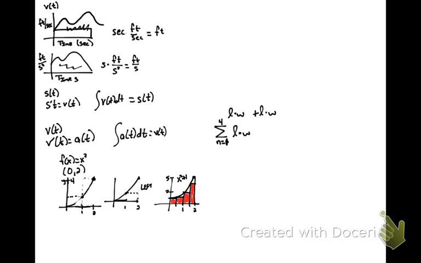Notice that in this case, if I broke up the function x squared plus 1 into rectangles at the half mark, each of these rectangles would have the same width. Each width would be a half. And what's changing is their height.